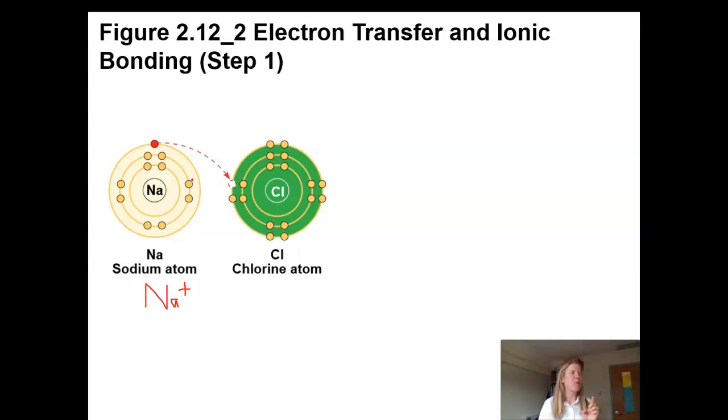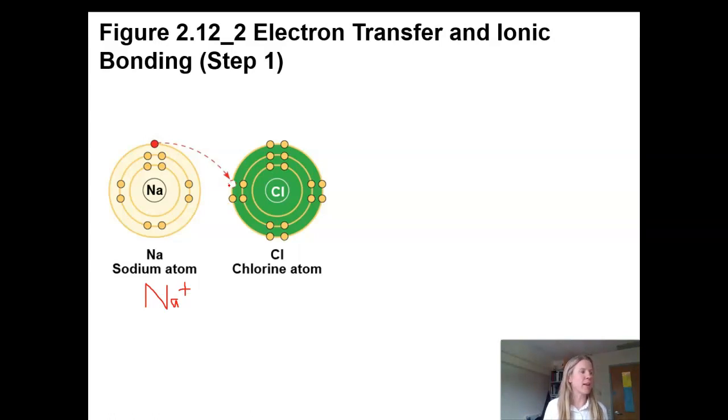In this case, where that electron ends up going is to this chlorine atom. So chlorine, atomic number of 17, has 7, 1, 2, 3, 4, 5, 6, 7 electrons in its outer shell. It wants 1 more.